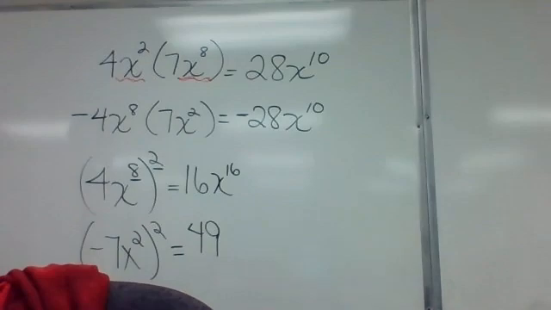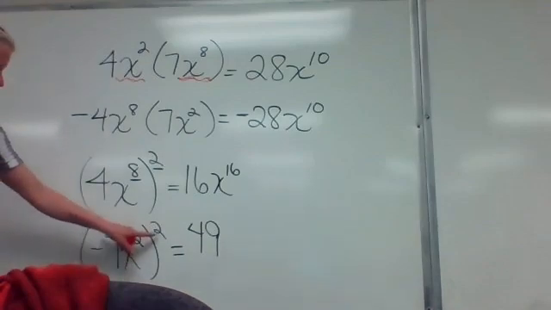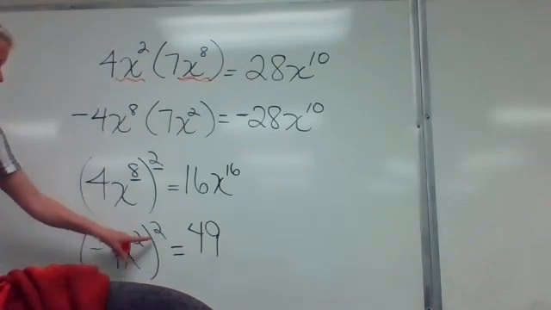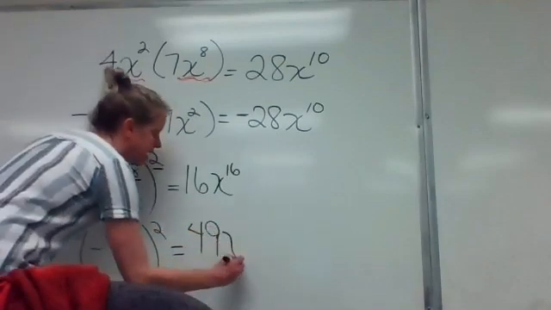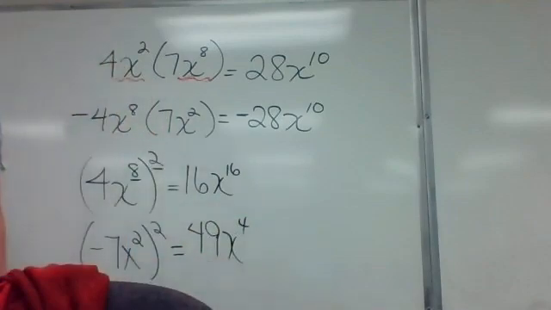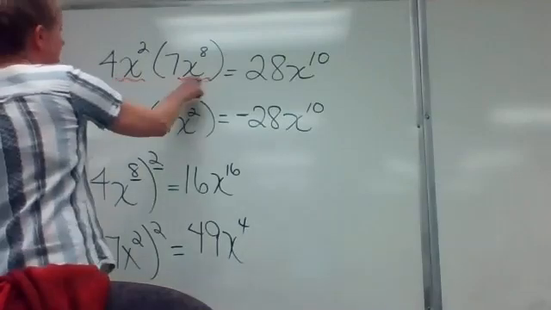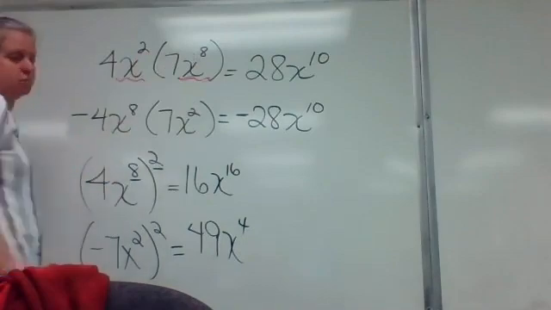I'm raising the x to the second and second again. So I'm going to multiply those exponents together to get x to the fourth. Okay, so again, multiplying same x's, add their exponents.